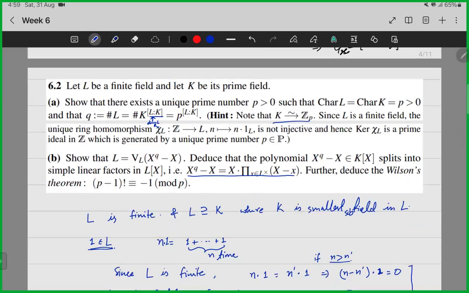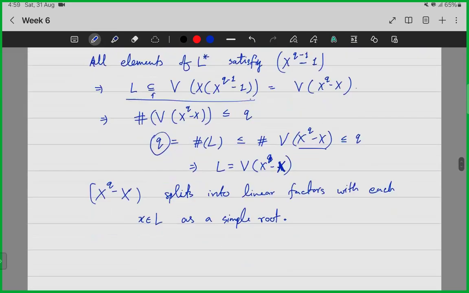Now further we deduce Wilson's theorem. Wilson's theorem is now easy.